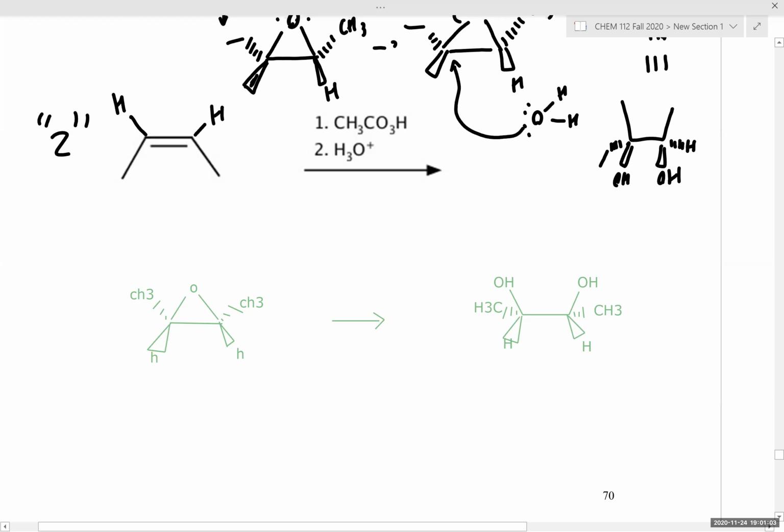So does epoxide opening occur with cis or trans selectivity? Or let me phrase it another way. Does epoxide opening occur anti or syn?